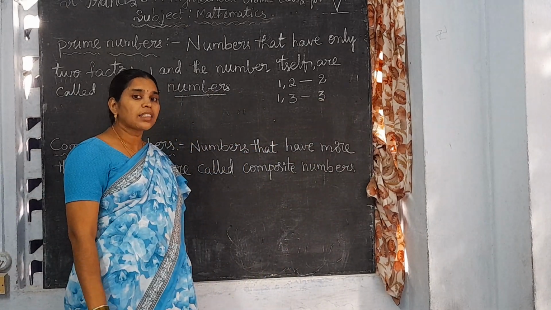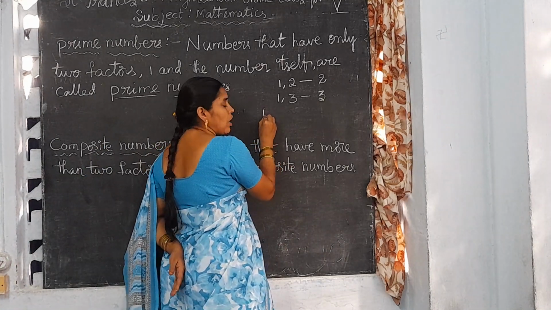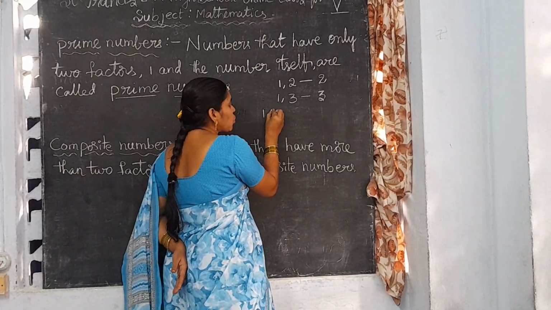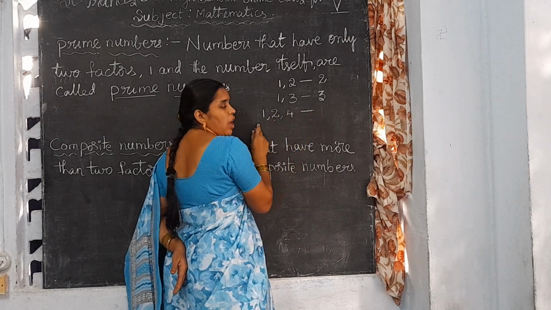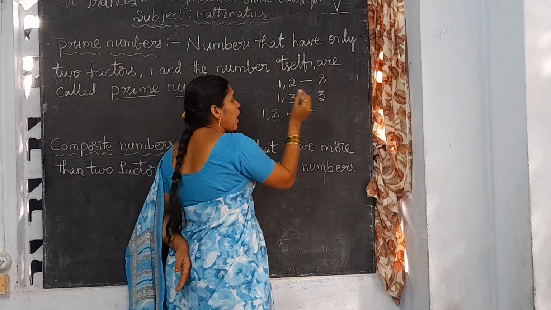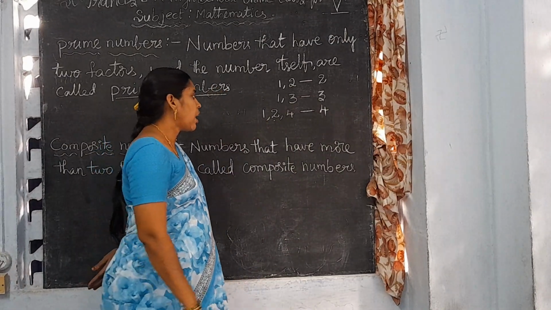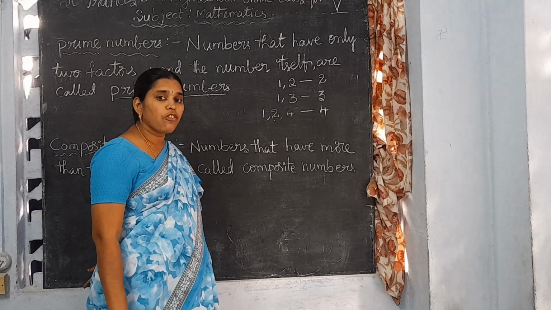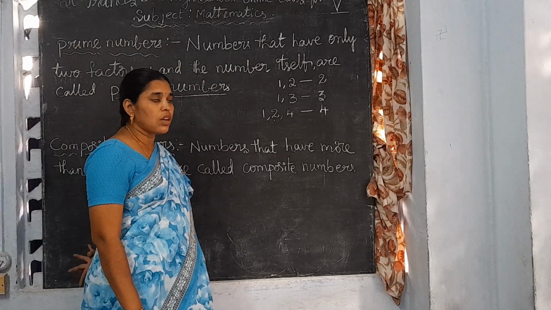Then what are the factors of 4? See, 1 four is 4, 2 twos are 4, 4 ones are 4. So 1, 2, 4 are the factors of 4. And what are the factors of 5? 1 five is 5 and 5 ones are 5.